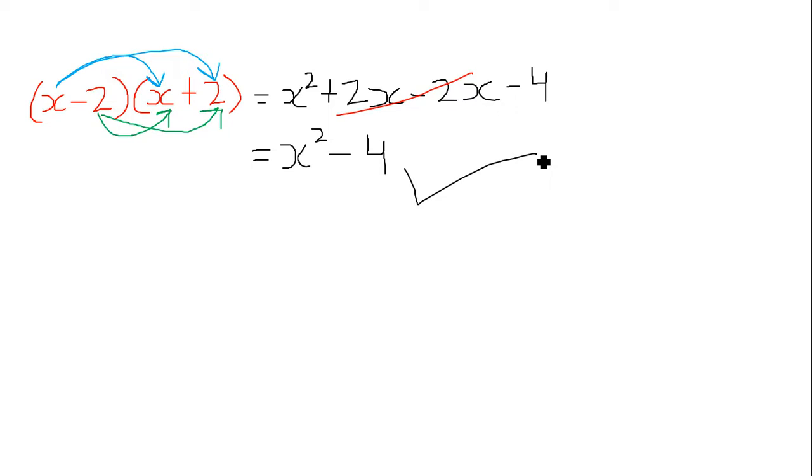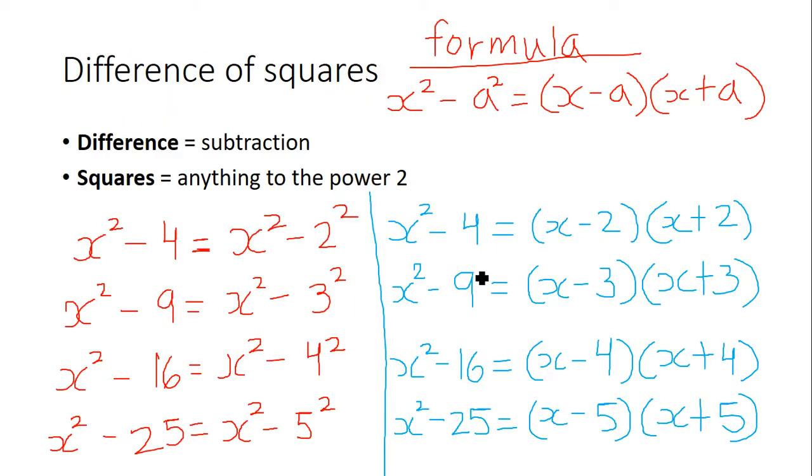That's just to show you that the formula is telling the truth. And we could do the same thing for each one. We could do the same thing for x minus 3, x plus 3, x minus 4, x plus 4, same thing. Well, I wasn't finished writing that previous one. No problem.